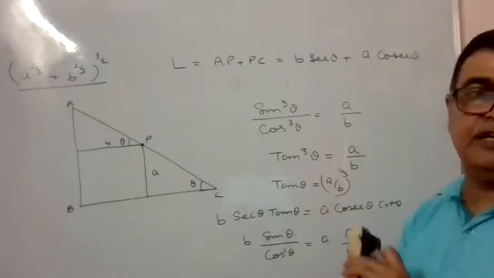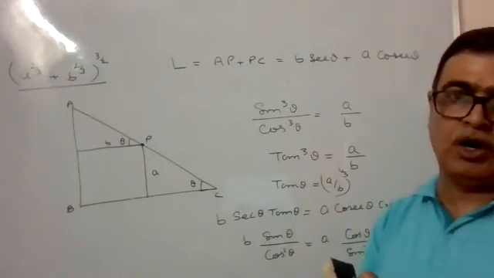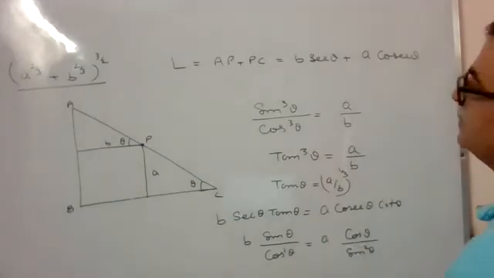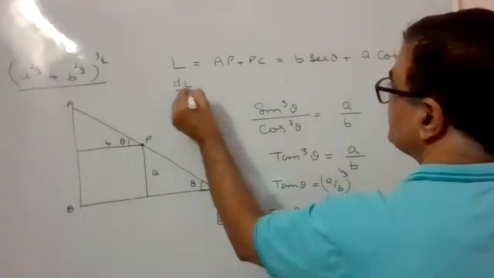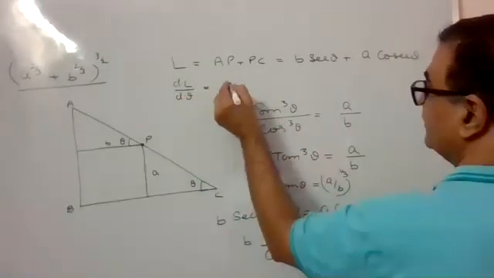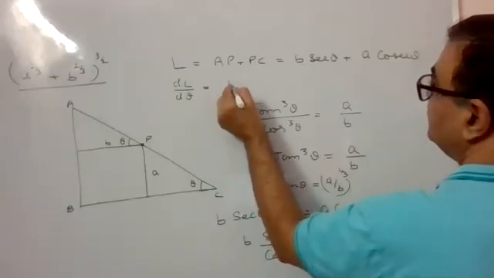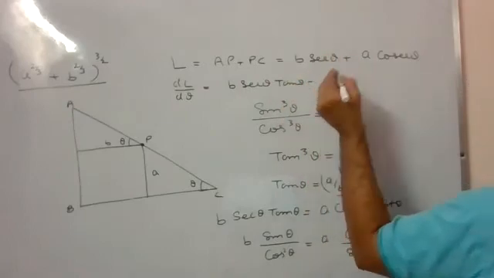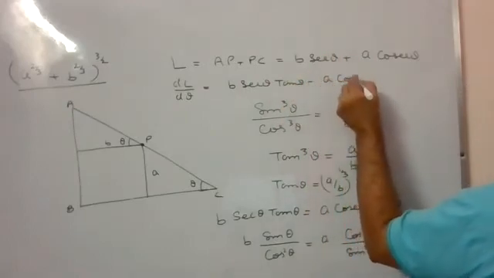Now we should check whether it is giving minimum length or not. So to get the minimum length, we should go for the derivative. dl by d theta, I'll write once more: B sec theta tan theta minus A cosec theta cot theta.